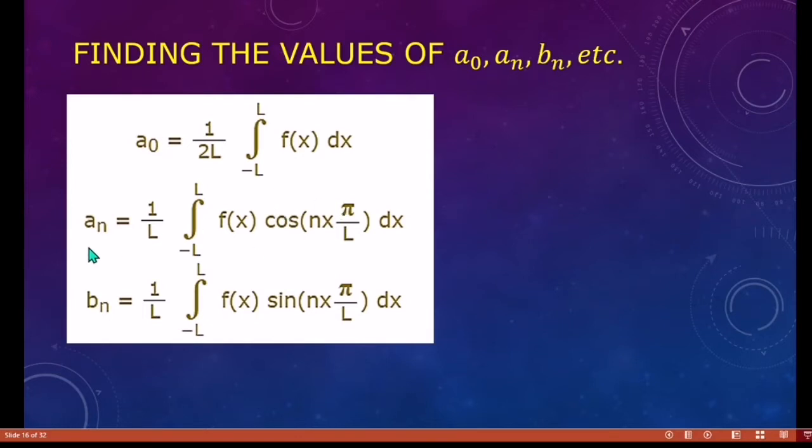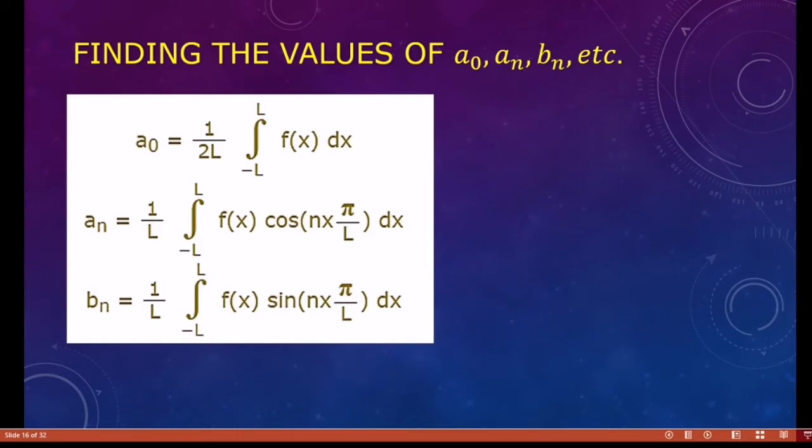Now, what does this mean? It is an integral, but in practice, it just means to find the net area of f of x sine nx pi over L between negative L and L. So, the same dito. Net area ni f of x cosine nx pi over L dx from negative L to L. So, this is what we need to do.